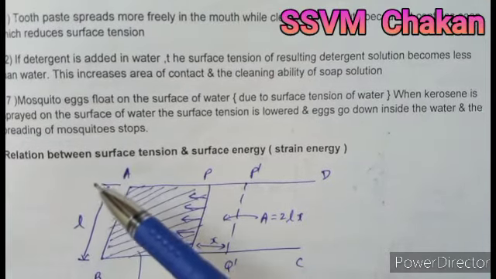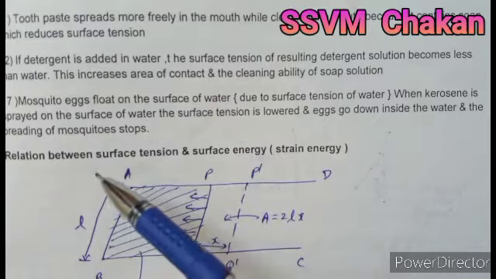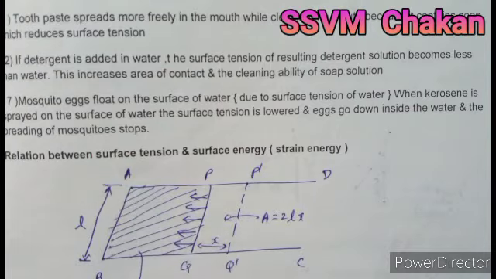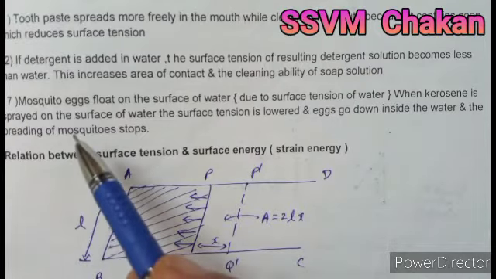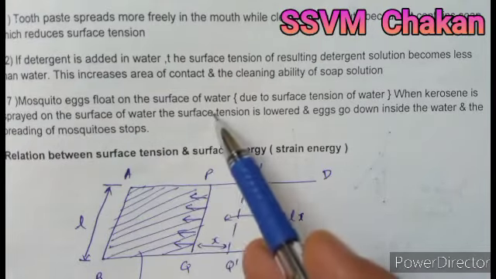In the rainy season, we spread oil over stored water, or water present for a longer period in any position. Why? Because over stored water, mosquito eggs float on the surface of water.